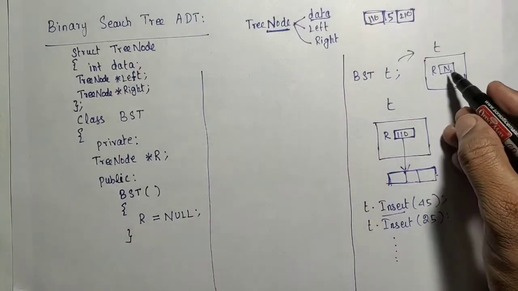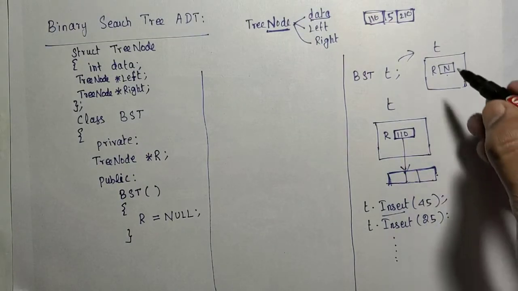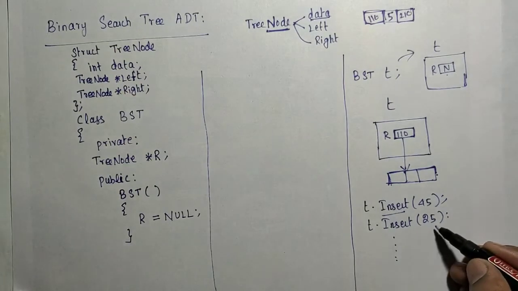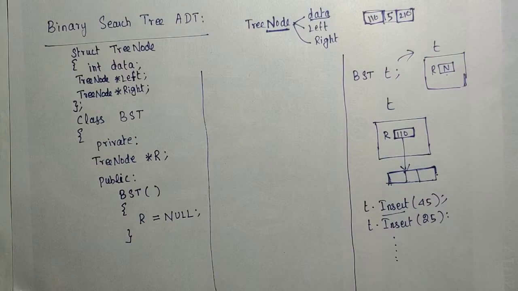If the tree is not empty, the second element 25 will be added to the existing tree by comparing the value of the new element with the existing elements. It will be inserted in the appropriate position by checking the binary search tree condition.